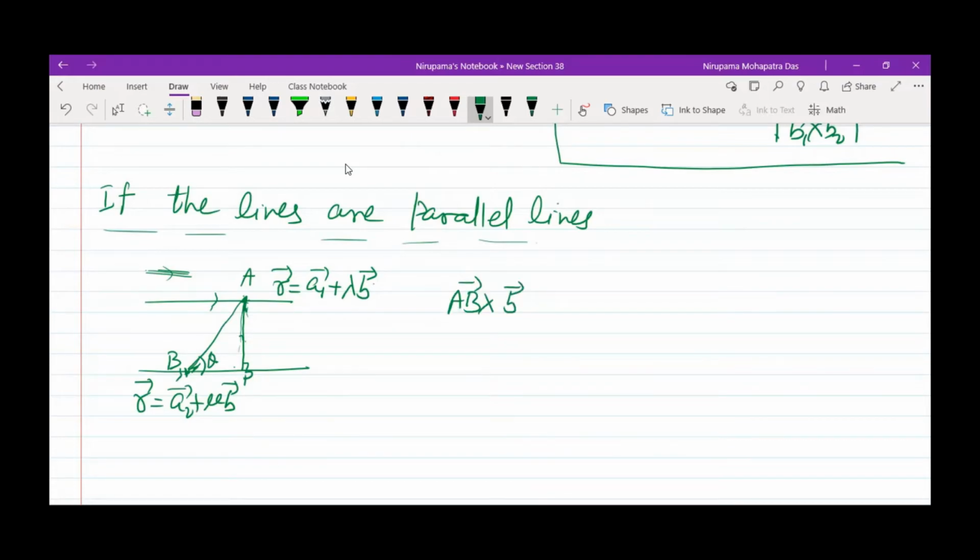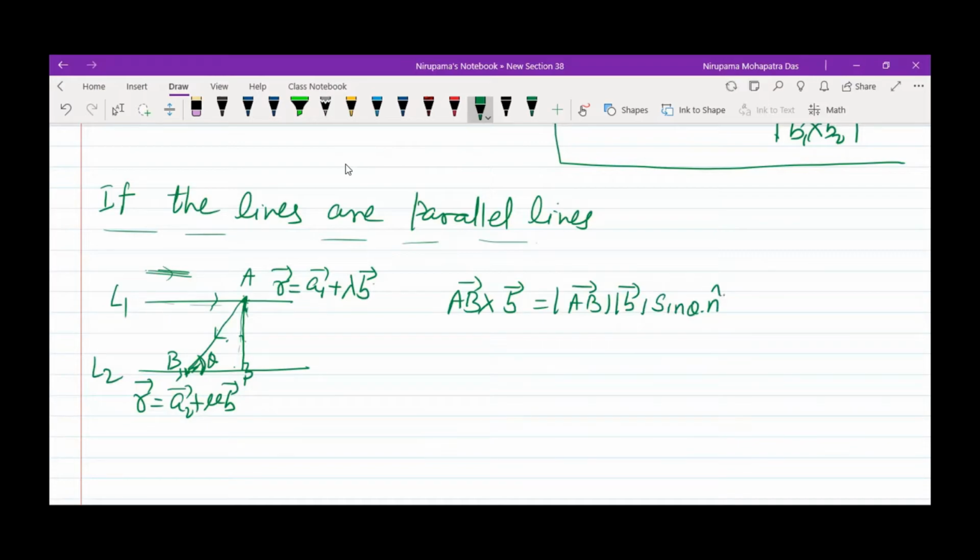AB vector is this, and the angle between them is theta, because the B vector is in the direction of L1 and L2. So that is equal to magnitude of AB into magnitude of B into sine theta into n cap.